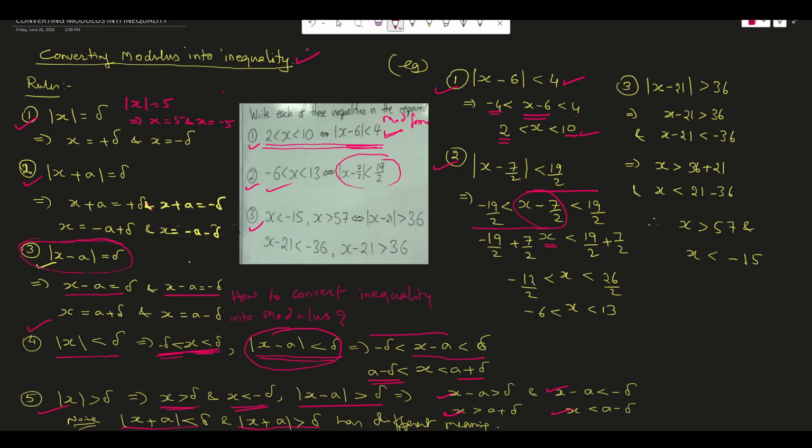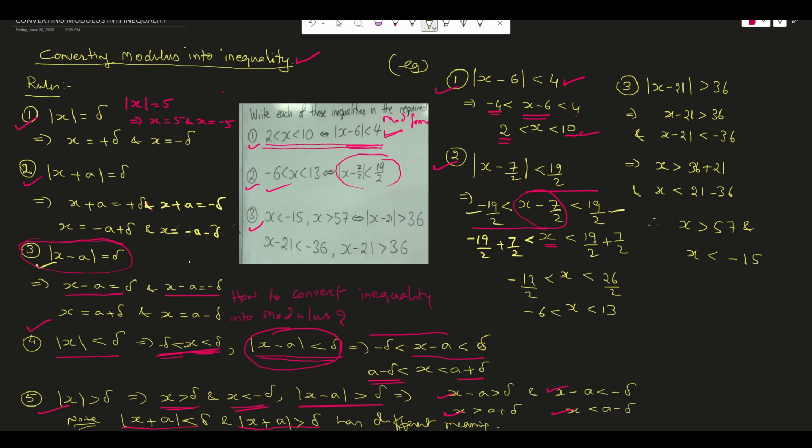And here also there's a slight mistake. Minus 19 by 2 plus 7 by 2, but that sign was missing, right? Minus 19 by 2 plus 7 by 2. So this x minus 7 by 2 will become x when you add 7 by 2 to it. But then when you add 7 by 2 to the middle term, you will have to add it here and here also.